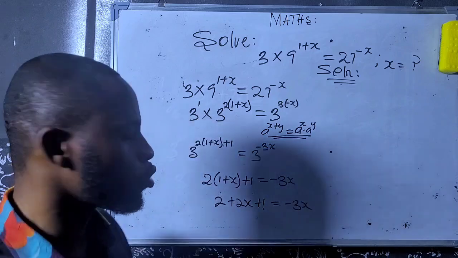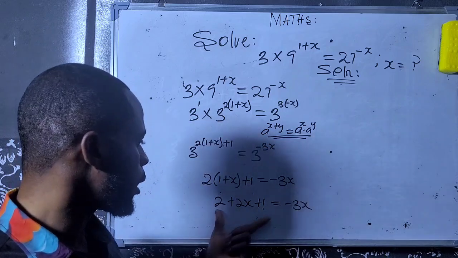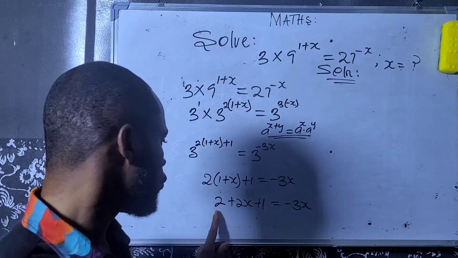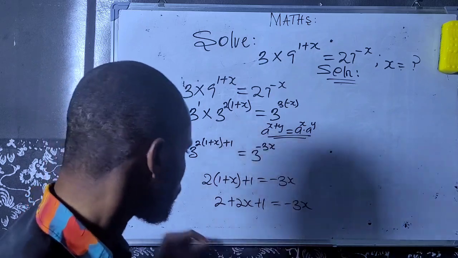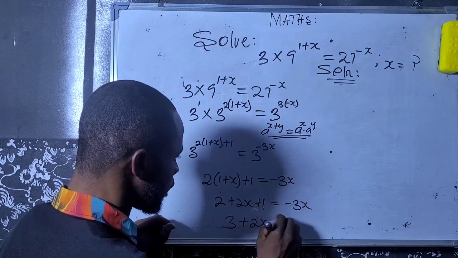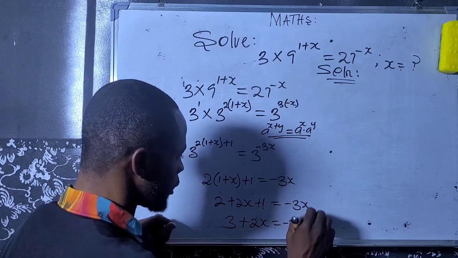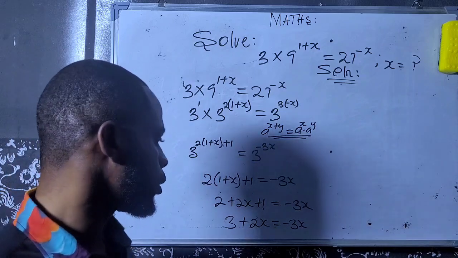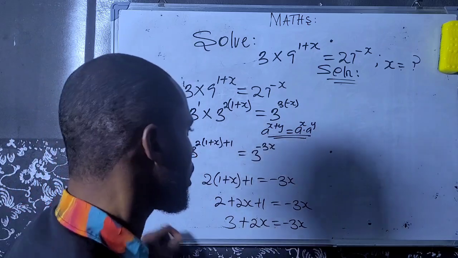Here we are going to combine like terms on the left-hand side of the equation. We have 2 and 1, and adding them together, 2 plus 1 gives us 3. Then plus 2x equals negative 3x. The next step is to collect like terms.